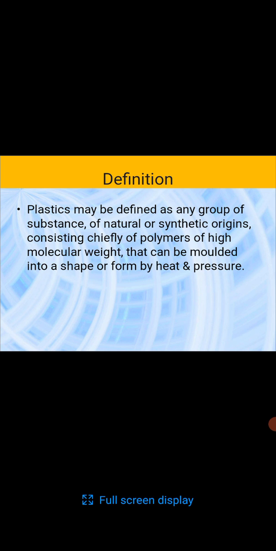So it is a substance containing a number of polymers. Their feature is a high molecular weight and they can be molded into shape, meaning they are flexible in processing, and I can shape them into any form I want by heat and pressure, using heat to facilitate processing of plastic, and pressure.